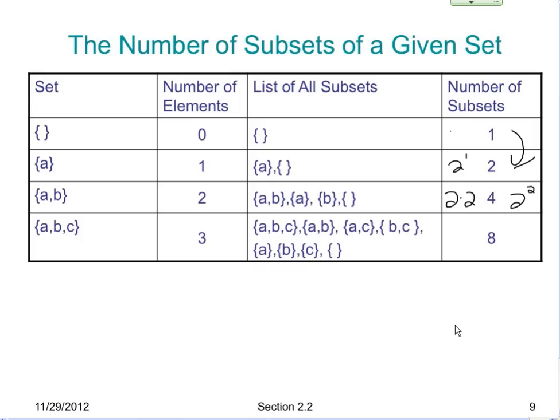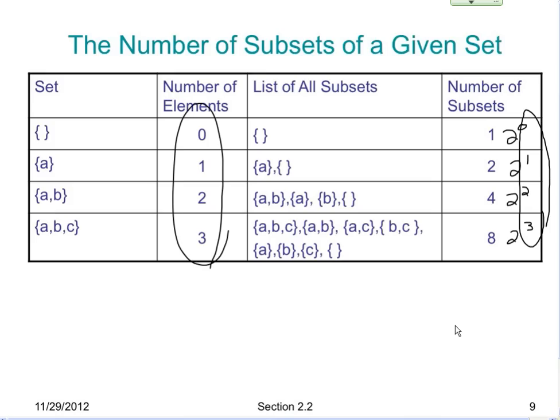And if I multiply by another 2, I get 2 to the third power. And that also works for the first one, because 2 to the 0 power is 1. So if you look, this is 2 to the 0, 2 to the 1, 2 to the 2, 2 to the 3. And it turns out that the power is the number of elements.